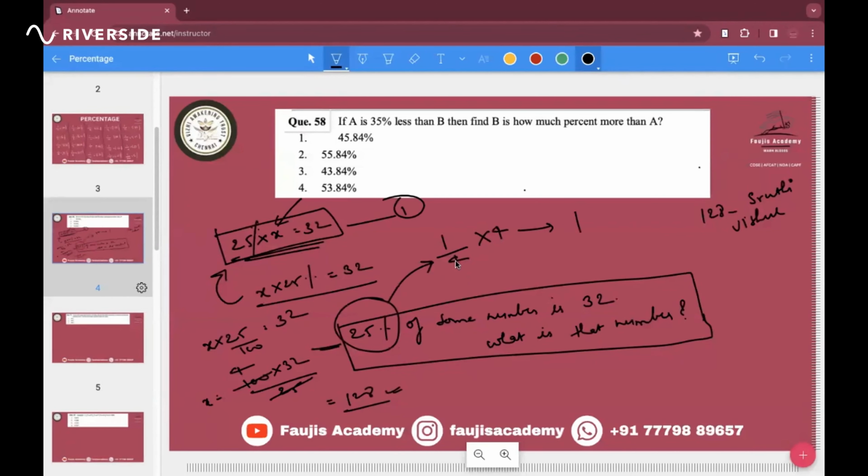The complete figure we'll get. That means this number, if we just do 4 times of it, we'll get this answer. Will we get this answer or not? Yes, sir. 25% into 4, this is 100%. And 100% is that number that we are talking about.